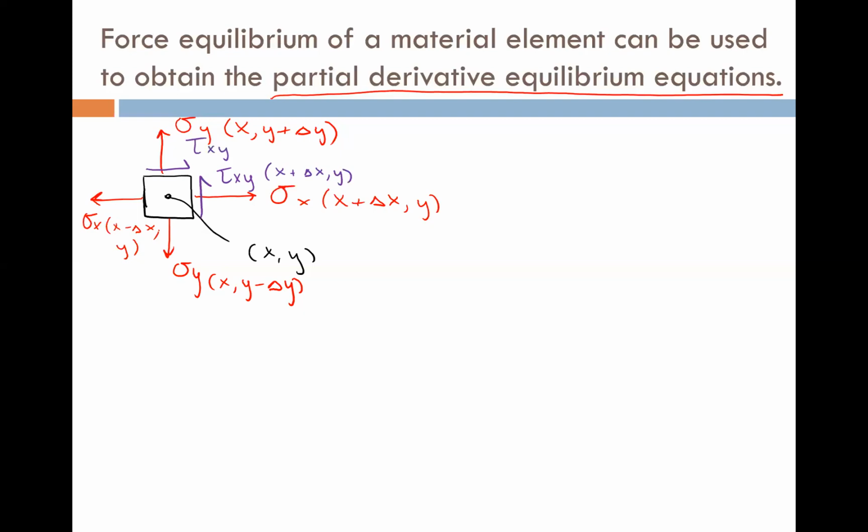This tau xy is occurring at x, comma y plus delta y. We have a tau xy on the left face that occurs at x minus delta x, comma y. And then on the bottom face, we have tau xy that occurs at x, comma y minus delta y.